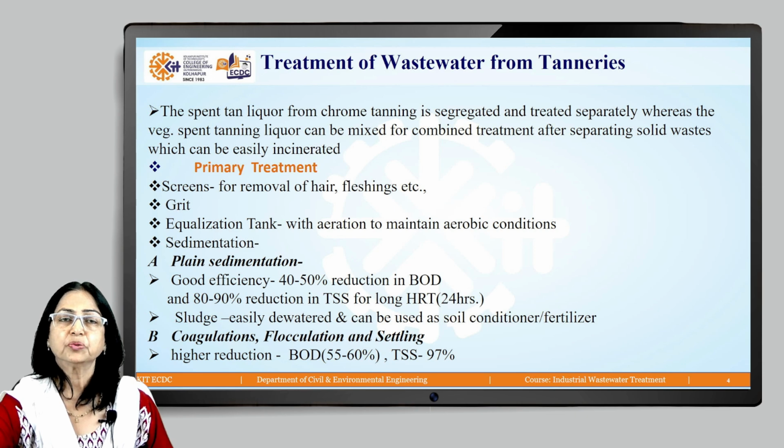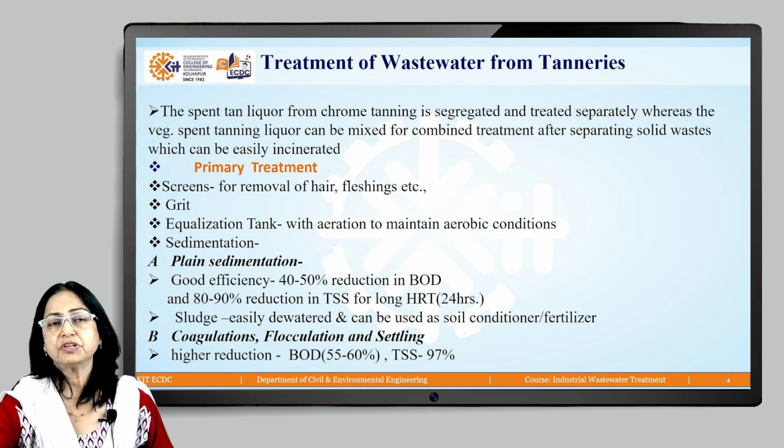Primary treatment includes screen for removal of hair and floating body tissues, then grit removal, and then wastewater is taken to the equalization tank. Here aeration is needed because wastewater is readily putrescible and anaerobic condition will arise immediately.